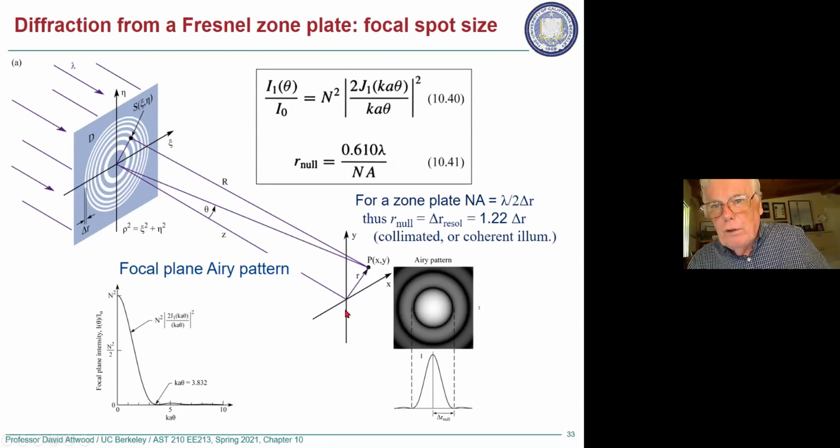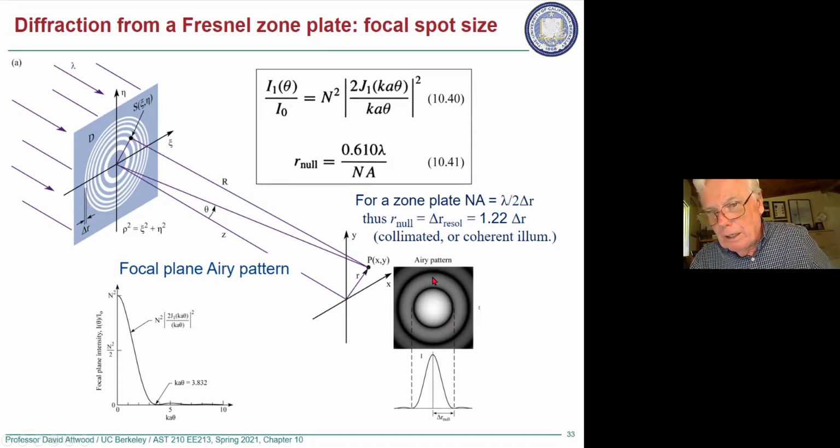And so in the focal plane, you get what's called an Airy pattern, which is a bright central ring which has almost 90% of the power or energy, as I recall, and then a dark interference ring, and then the next bright ring, dark ring, bright ring.